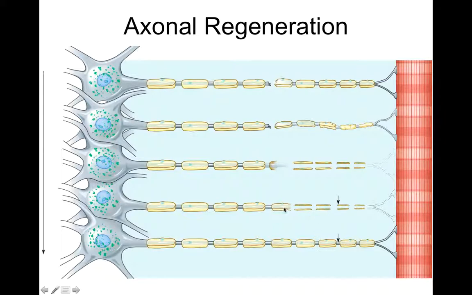So the nerve can actually regrow through there. And it happens because the neuroglia, I should say, have nerve growth factors. So when this is severed, it can regrow. It doesn't happen all the time, but it happens a lot.